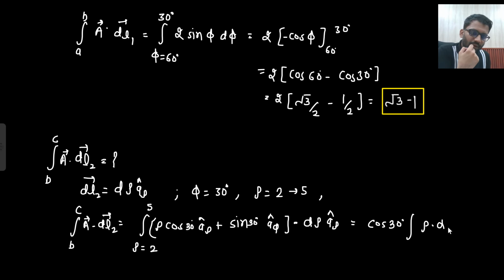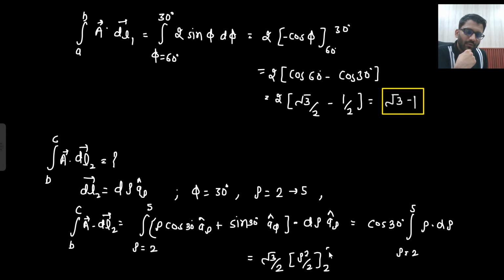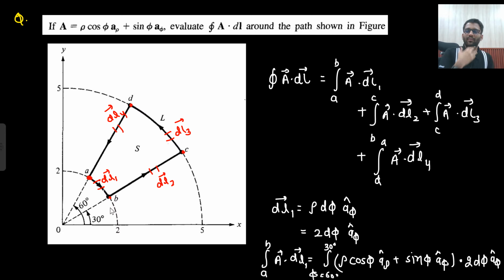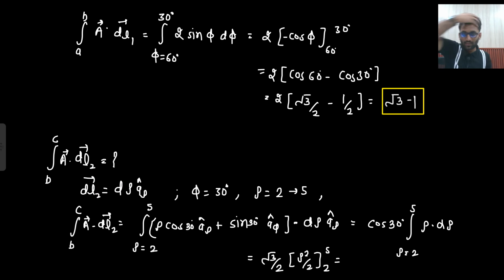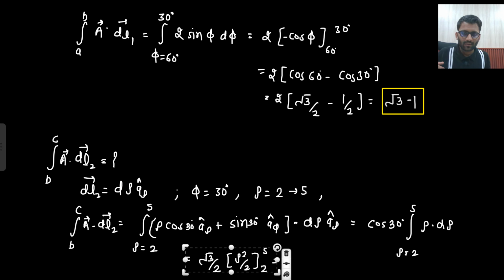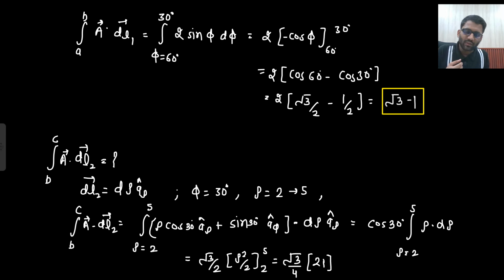Rho d rho, rho from 2 to 5. Root 3 by 2, rho square by 2, from 2 to 5. So root 3 by 4, 25 minus 4 is 21. So this is also one of the answers you need.